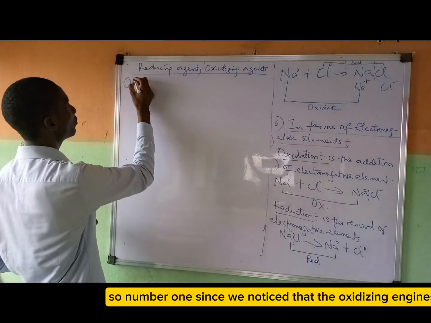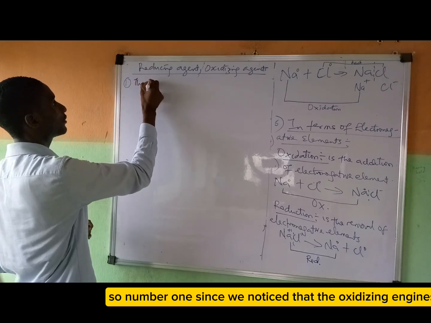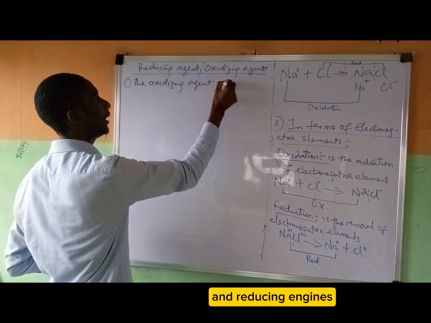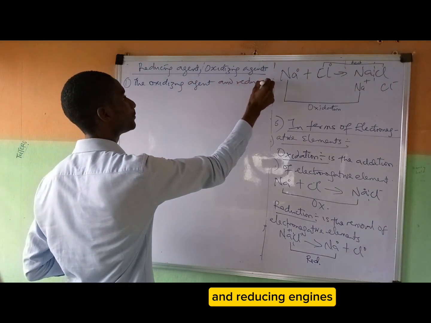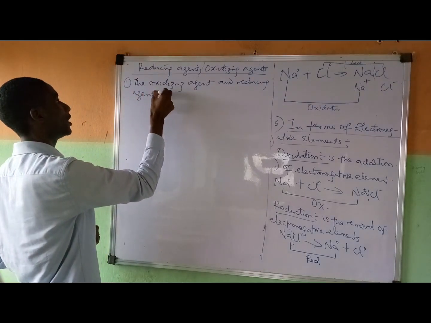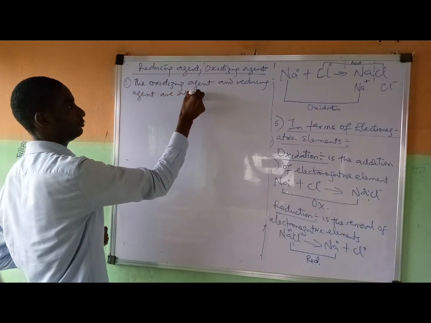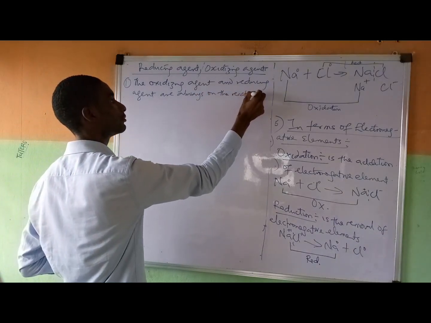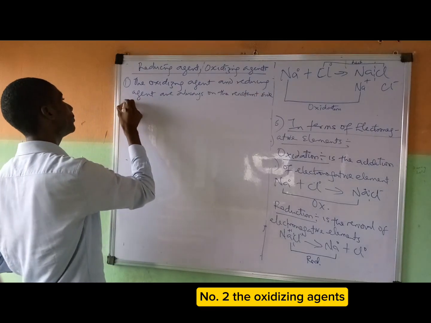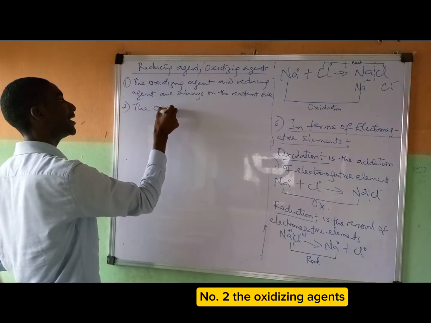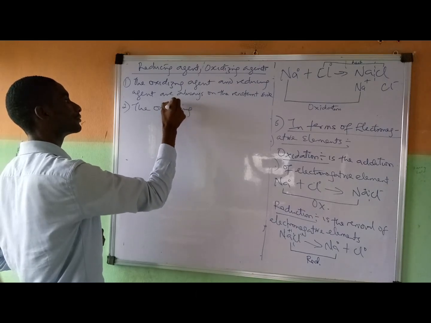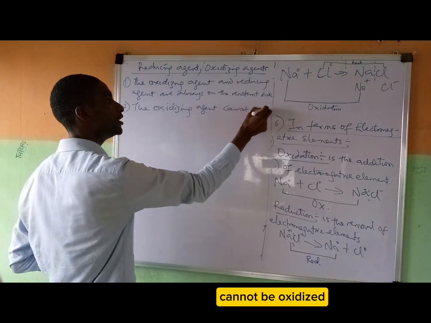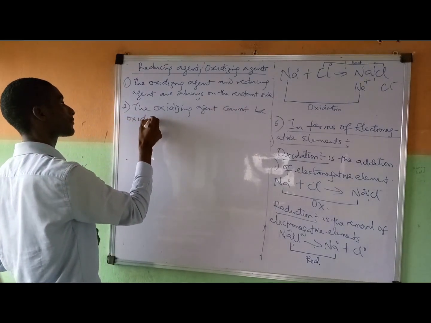So number one thing to note is that the oxidizing agent and reducing agent are always on the reactant side. Number two, the oxidizing agent cannot be oxidized.